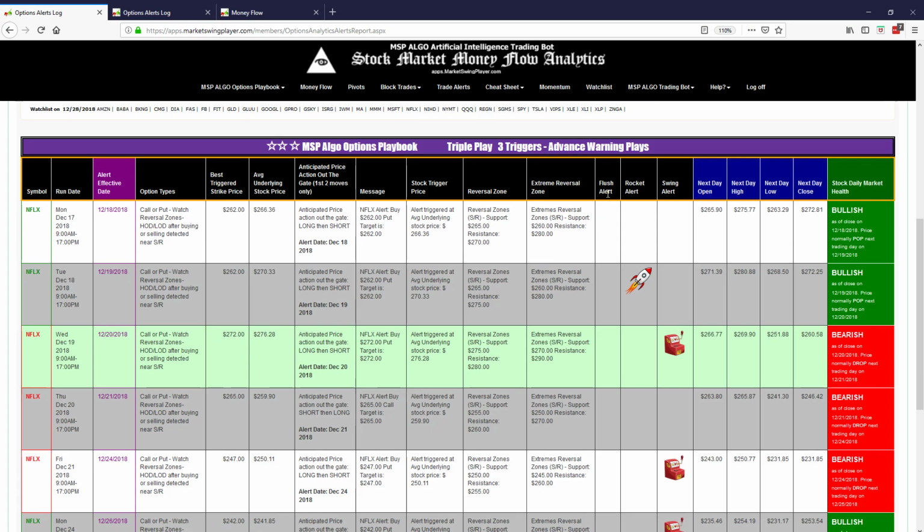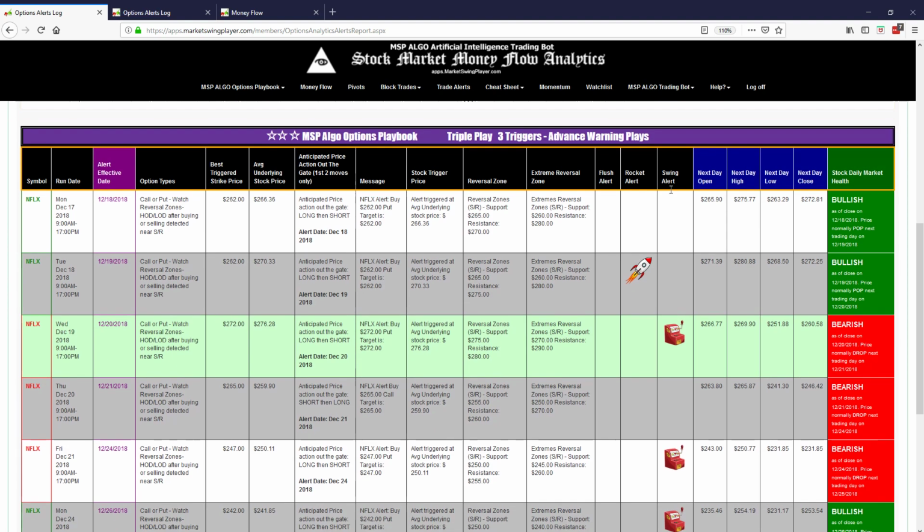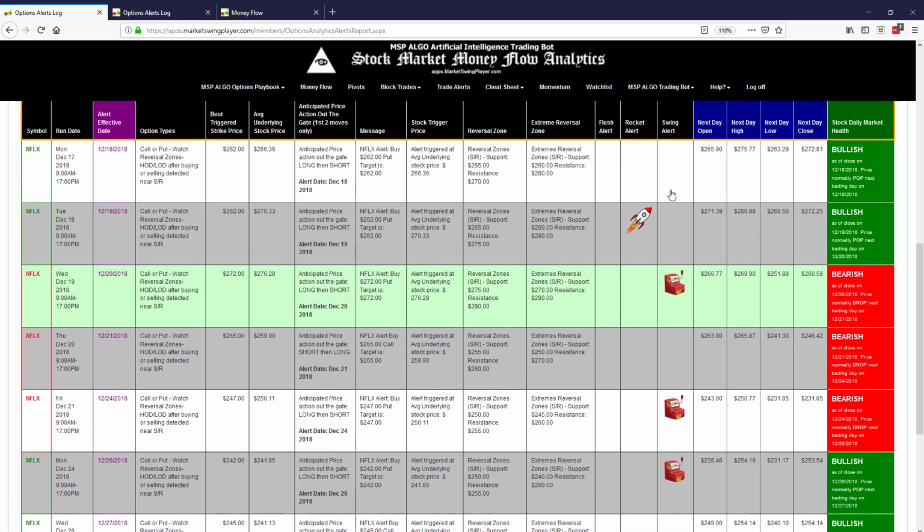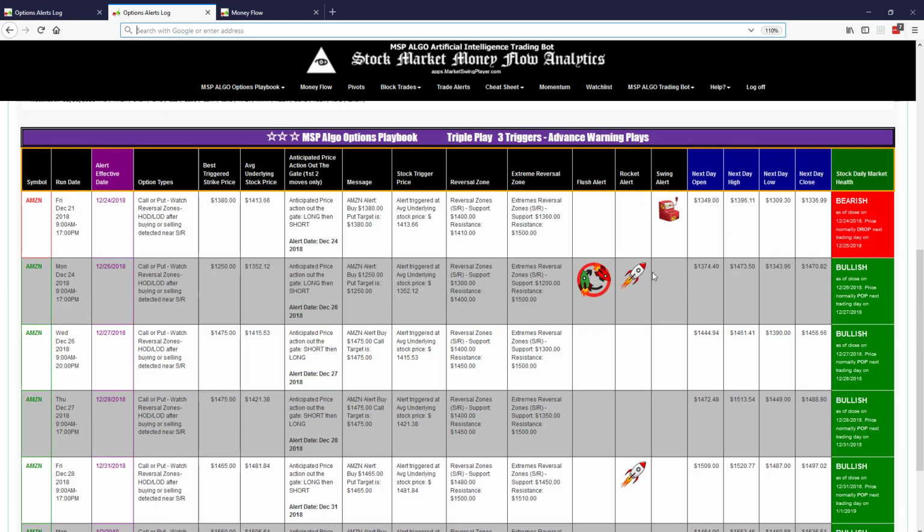Okay, so we have what we call the flush alert, we have a rocket alert, and we have a swing alert. Okay, let's look at the first one, and it is a flush alert.